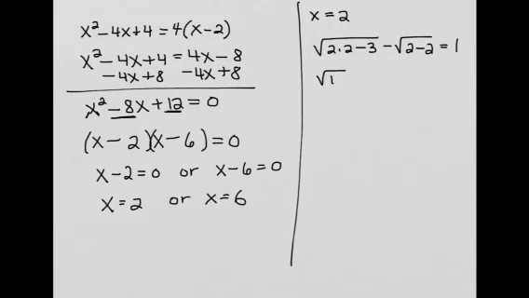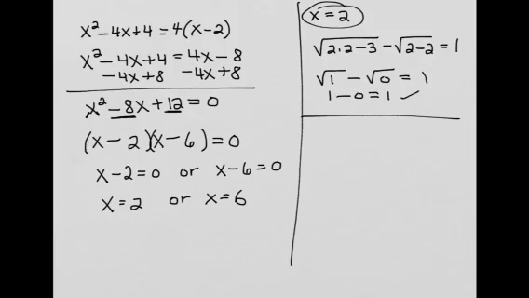So I have square root of 1 minus the square root of 0 equals 1, and that checks because that's just 1 minus 0 equals 1. So x equals 2 is a good solution.